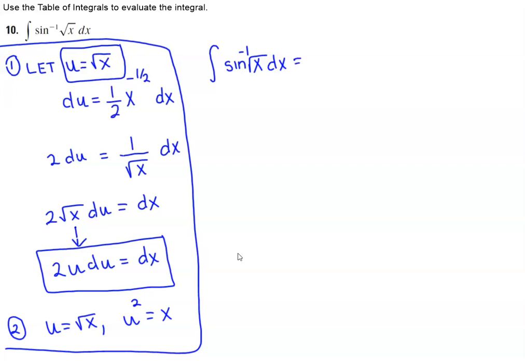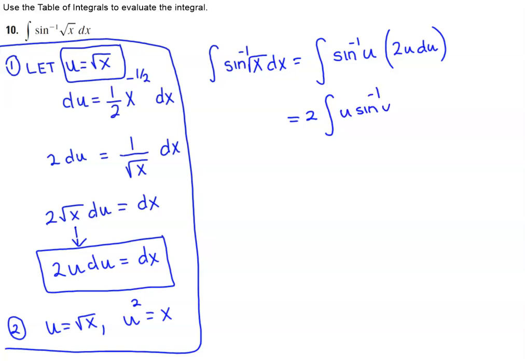And then if we use substitution, we have the sine inverse of u times 2u du. And now if we factor out the 2, we get 2 times u times the sine inverse of u du.